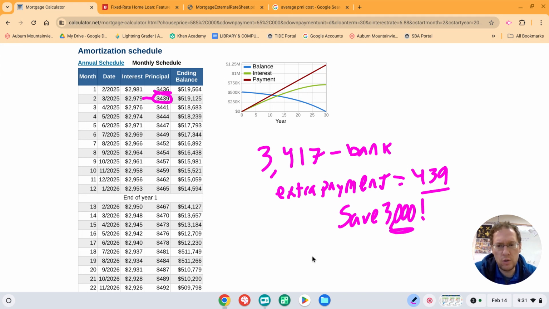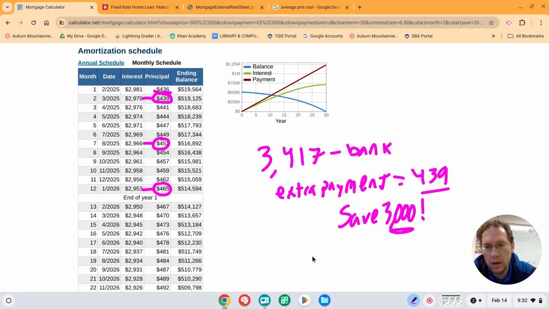And if you can do that a few times throughout the year, let's pretend you do it here in month 2. And then let's just say, that was really tricky. Okay, it might take a few months to save up some extra. So let's pretend in month 6 you save up an extra $450. And then you get your tax refund or a Christmas bonus or whatever, and you can put a little extra down here.